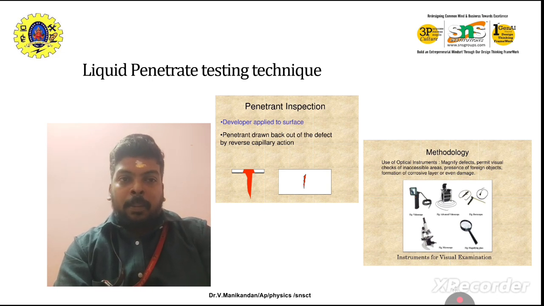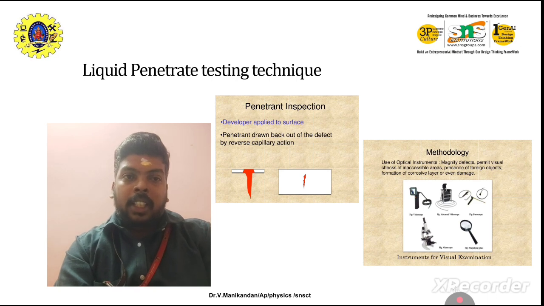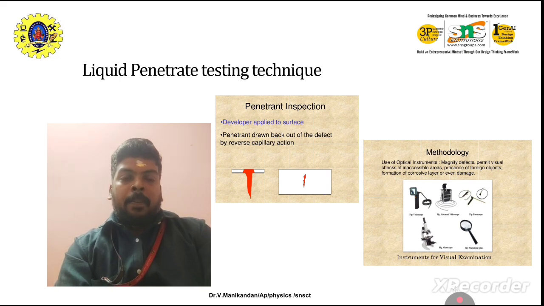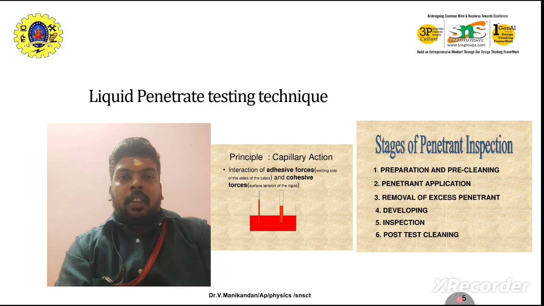The developer is applied to the test piece, and the penetrant is drawn back out by reverse capillary action, which helps find the depth and surface defects so they can be easily identified. We can use microscopes, testing tools and cameras to identify very minute cracks.